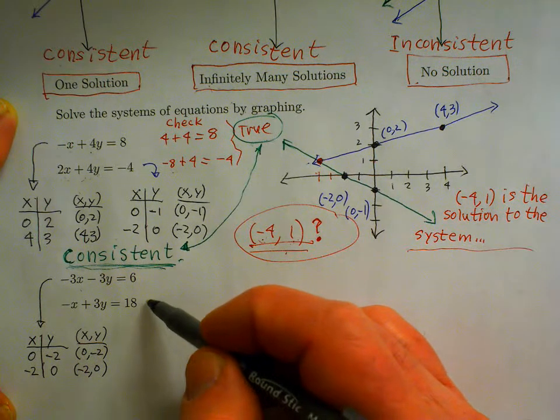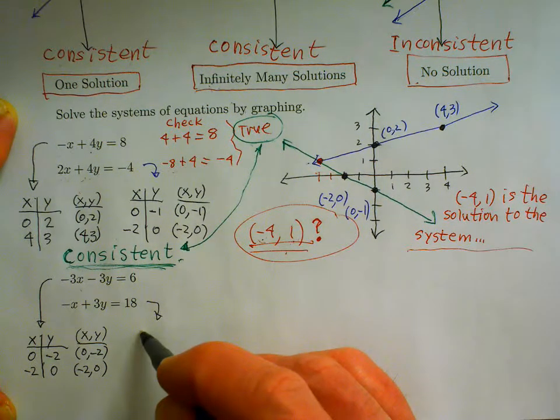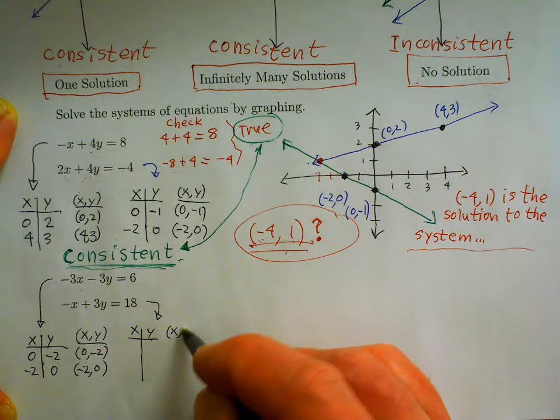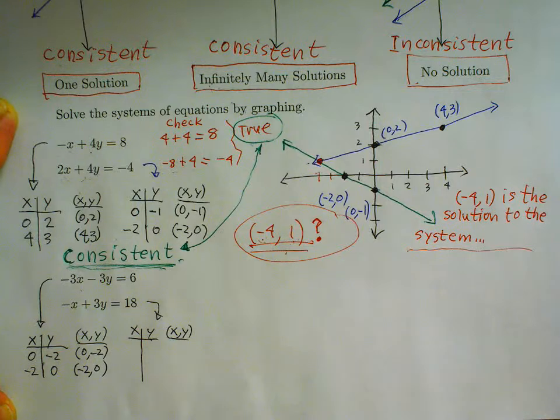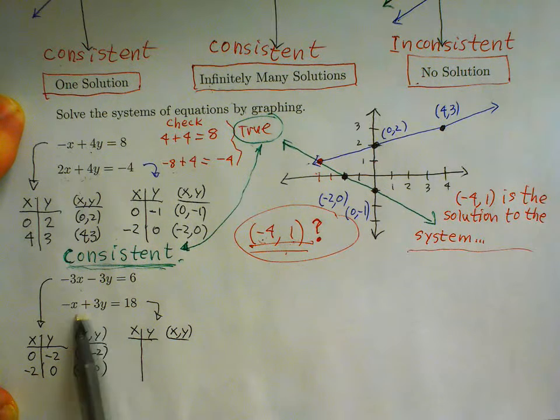Okay, for the bottom line, we'll find 2 ordered pairs of points on that line. Well, 18 is kind of a big number, so I'm going to find numbers that aren't that hard to graph.